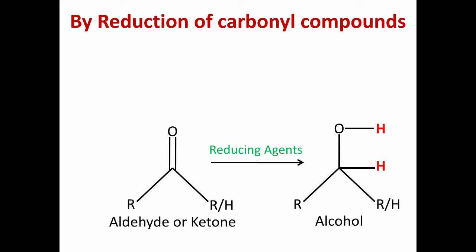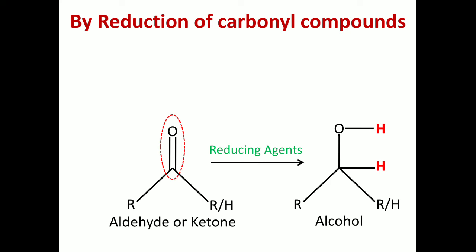So here you can see carbonyl group is converted into hydroxyl group. So what happens here? Across this carbon oxygen double bond, there is an addition of H2. So addition of H2 means reduction reaction.